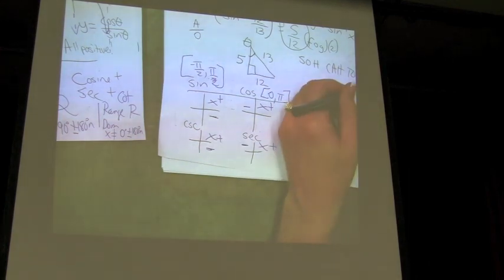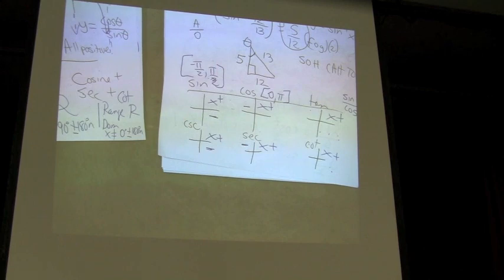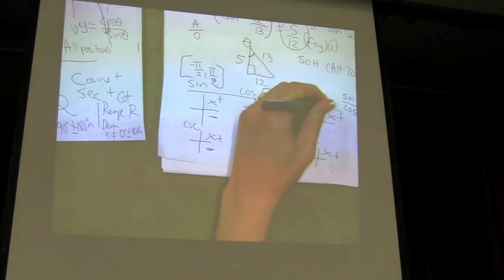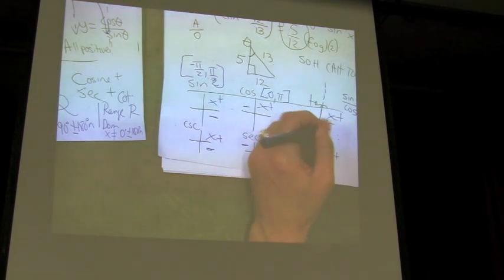So since tangent is sine over cosine, where's its asymptote? At 90, right? Everybody agree? That tangent has an asymptote at 90 because cosine of 90 is 0, right? So therefore, which is the better quadrant to use? 4.